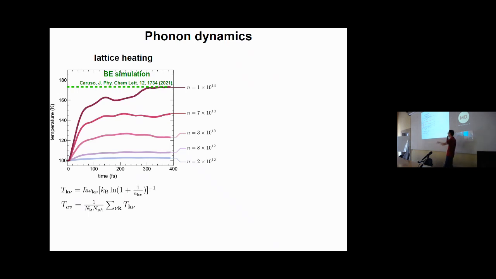Because at about 400-500 femtoseconds, the system enters the incoherent regime where the Boltzmann equation is very good. And so it's beautiful to observe that NEGF is in perfect agreement with Boltzmann.